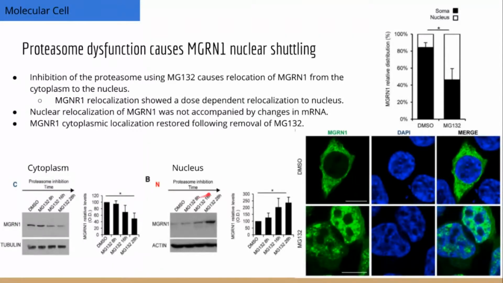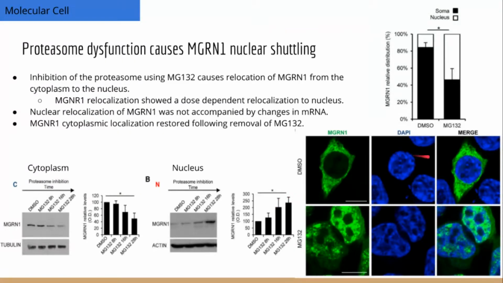In contrast, we see the exact opposite pattern in the nucleus. So as time increases, going from left to right, at 28 hours after proteasome inhibition, we see a ton of MGRN1 in the nuclear fraction. So in graphical format, again, we see increasing amounts of MGRN1 over time following inhibition of the proteasome.